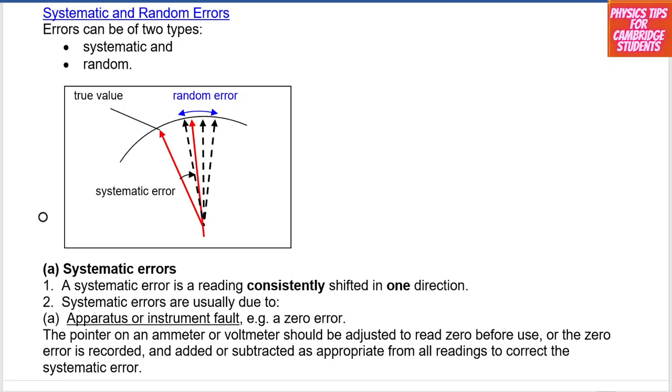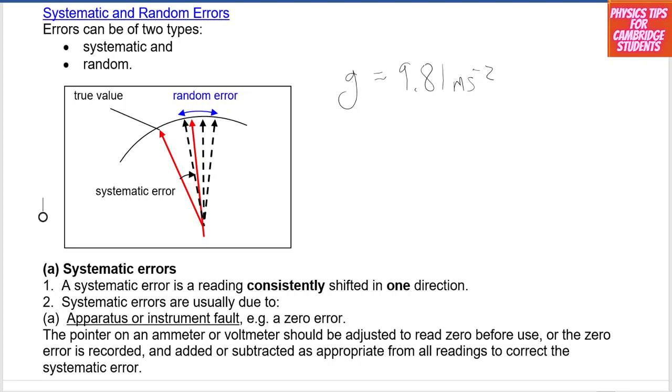Right, so when you do the experiment, there is always a true value that you want to find. For example, you want to get the true value of g, the acceleration of free fall. So suppose the true value of g is 9.81 meters per second squared.